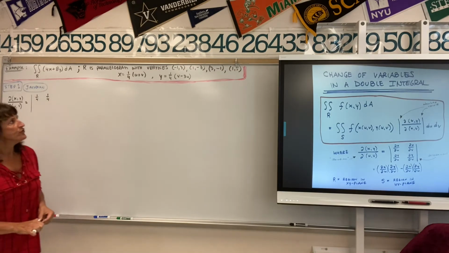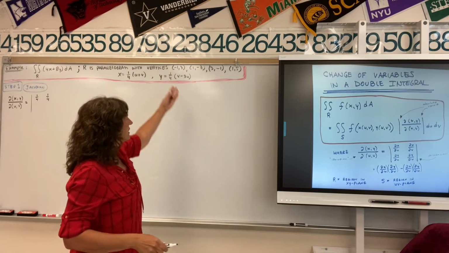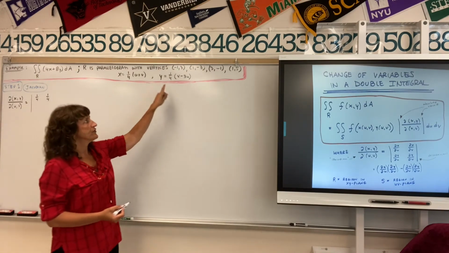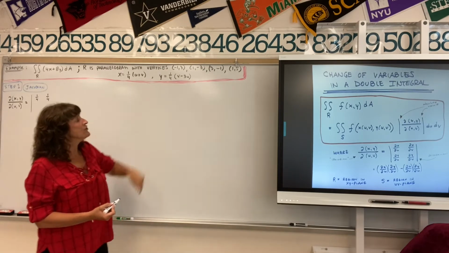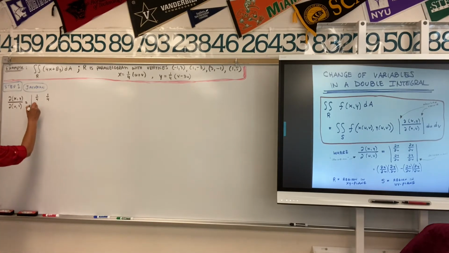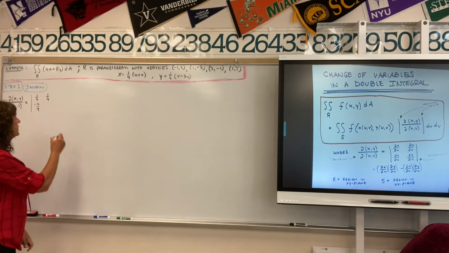And then I want to go to my y equation, and get the partial of y with respect to u first. The u term's over here, so I'm going to need -3/4 for that. Then I'm going to take my partial of y with respect to v. That gives me a 1/4.